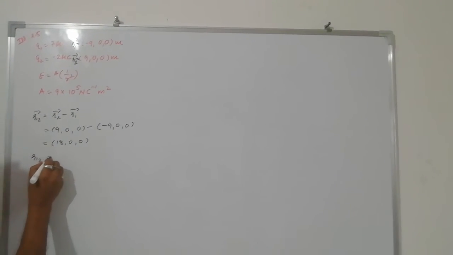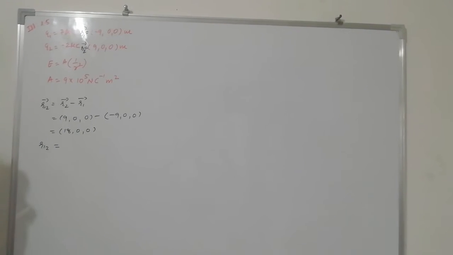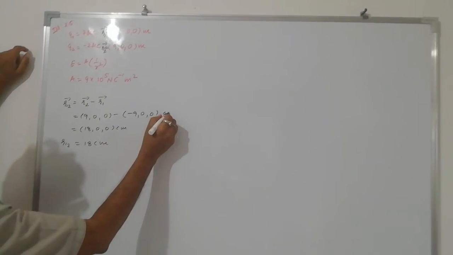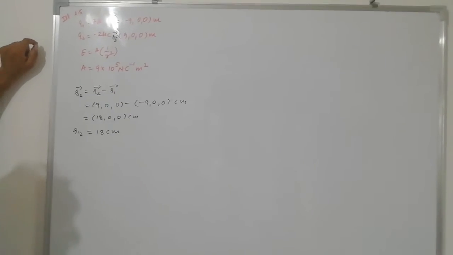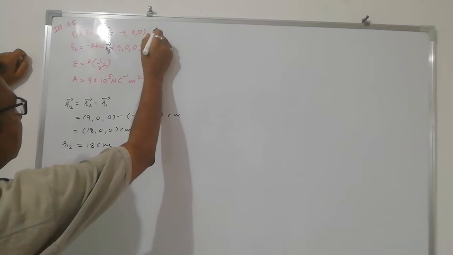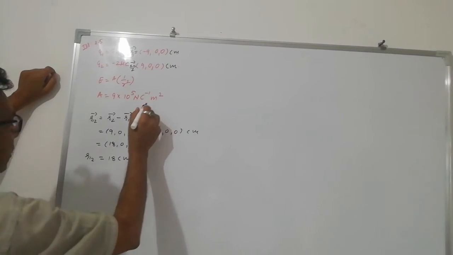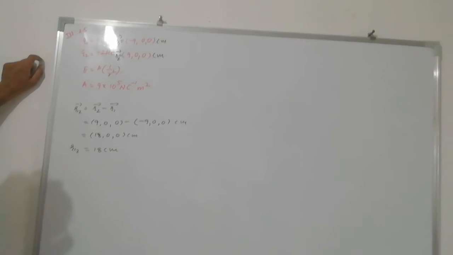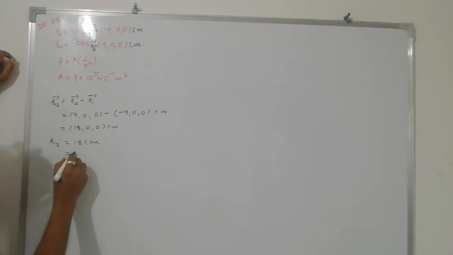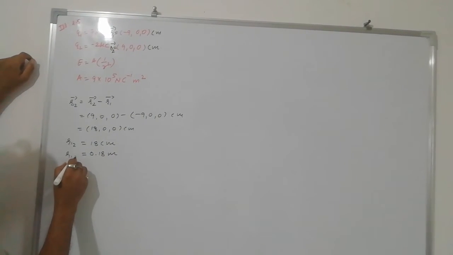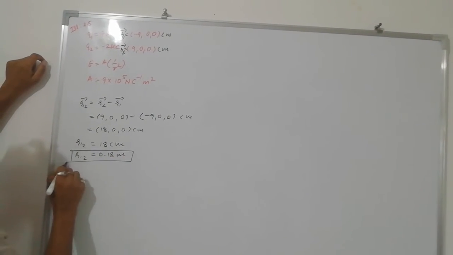When you find the magnitude of this R12, the unit given is centimeter. Now 18 centimeter means 0.18 meter.